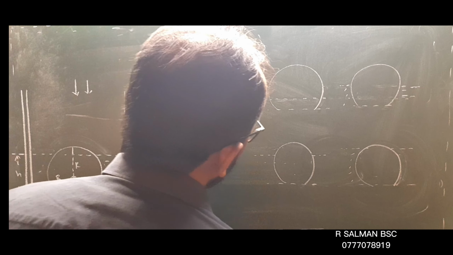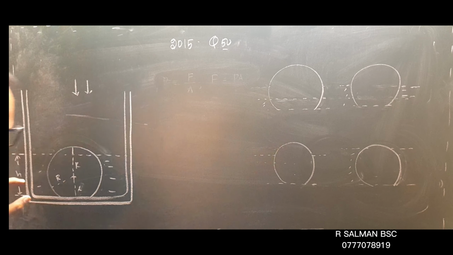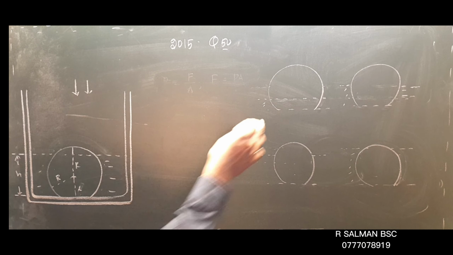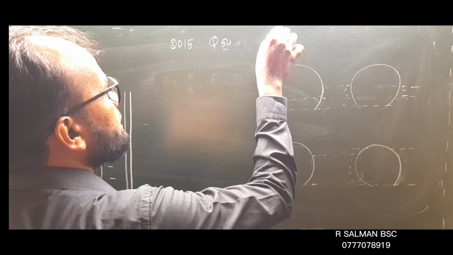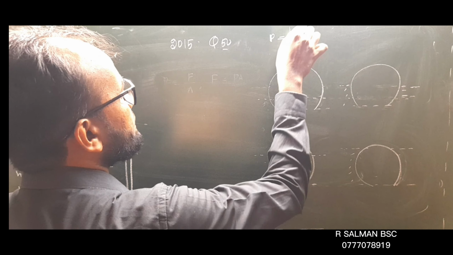Now analyze like this. Initially the water will be at a little height, that is my initial diagram. The liquid pressure is P equals h rho g. Don't think about the area, just think about the pressure at an individual point, and collectively let's come to a conclusion for the force.